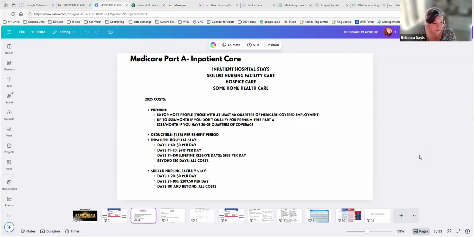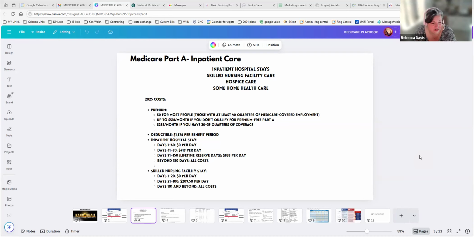Now, other things to know if you have an extended stay in the hospital. My mom was once in the hospital for over 3 months. When you're in the hospital for an extended stay, you're going to get hit with the deductible, and from days 1 through 60, your deductible applies. But then starting on day 61, you're going to start to incur a daily copay.